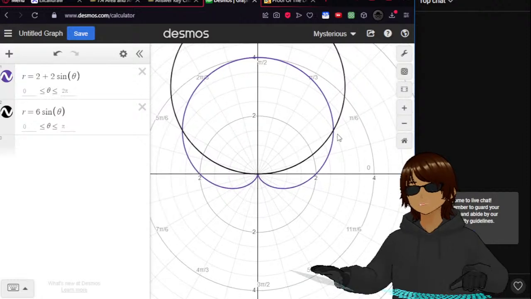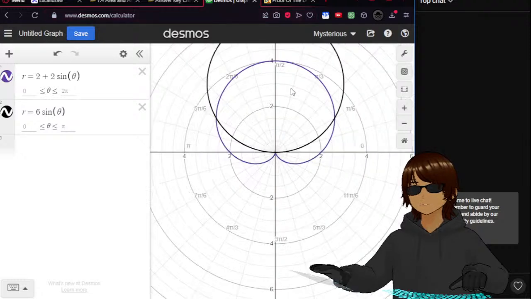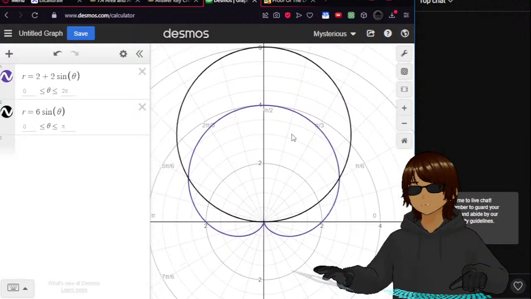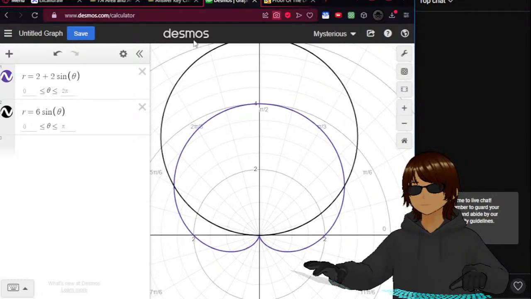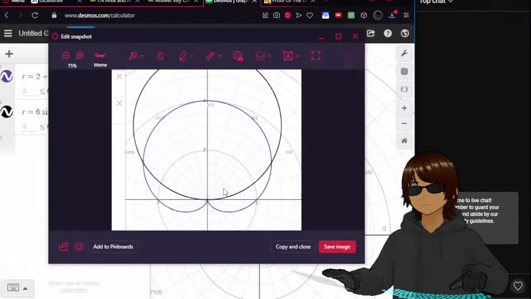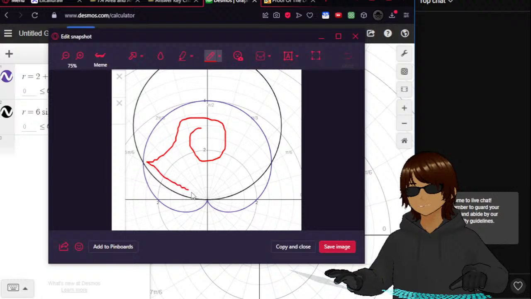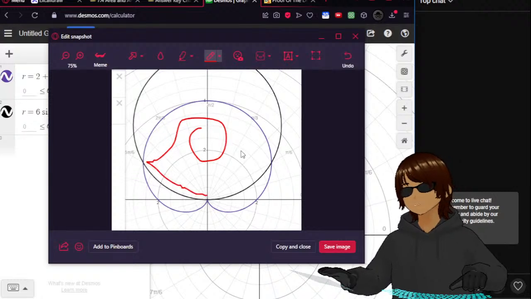So from pi over 6 to 5 pi over 6, I would get, hold on, how do I explain this? So I will get all of this area, right?